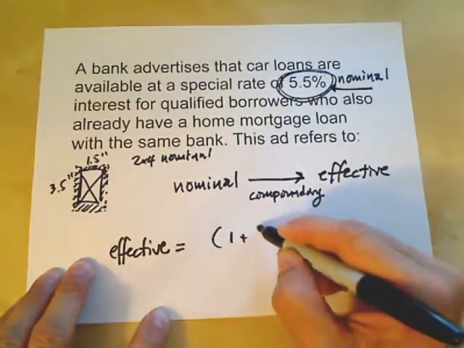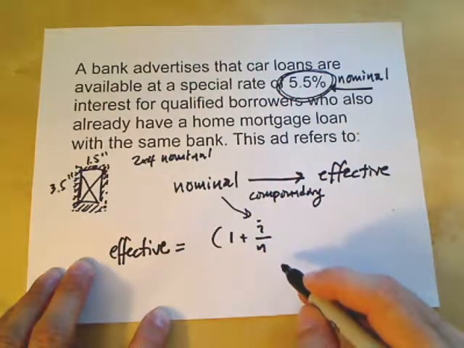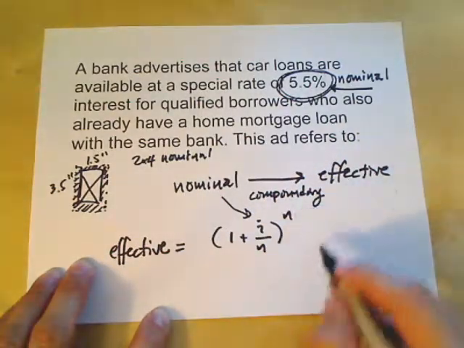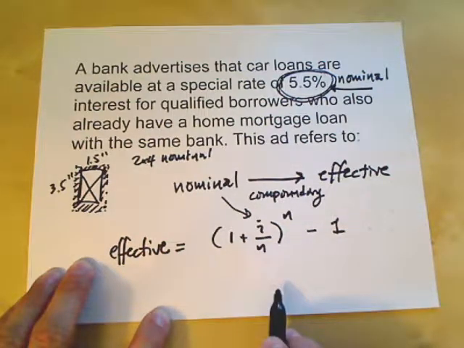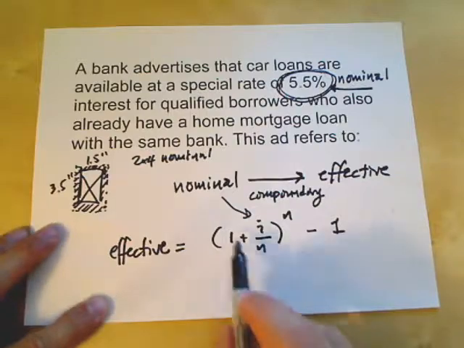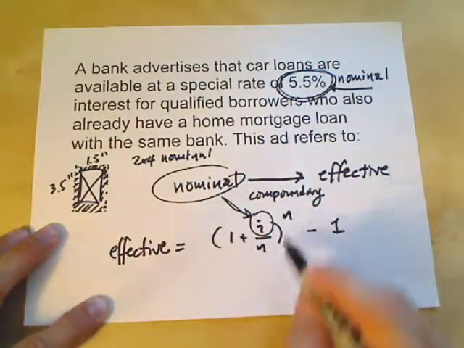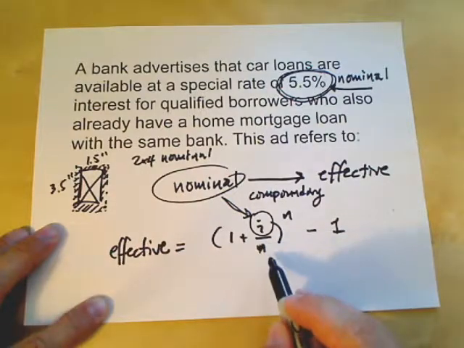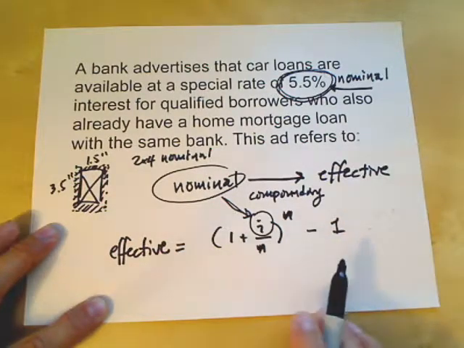1 plus I, where I is expressed as the nominal, over n, to the n. And then we've got to subtract out the 1. So the effective rate is 1 plus the nominal rate divided by the number of compounding periods per year, raised to the number of compounding periods per year, minus 1.